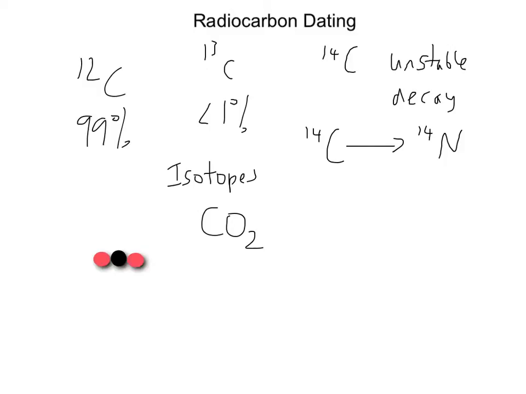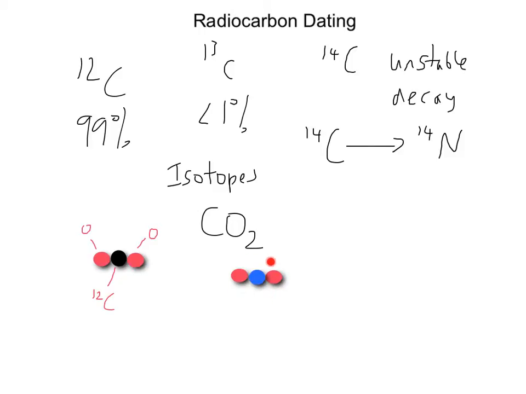For example, in this molecule of carbon dioxide, you can see we have two oxygens, and here is a carbon, but this will be carbon 12. A tiny minority of carbon dioxide molecules will have the carbon 14 element in it.